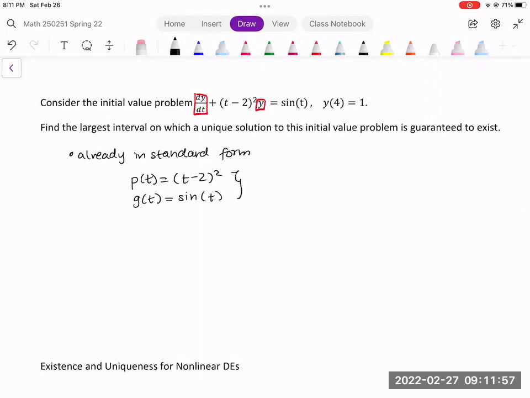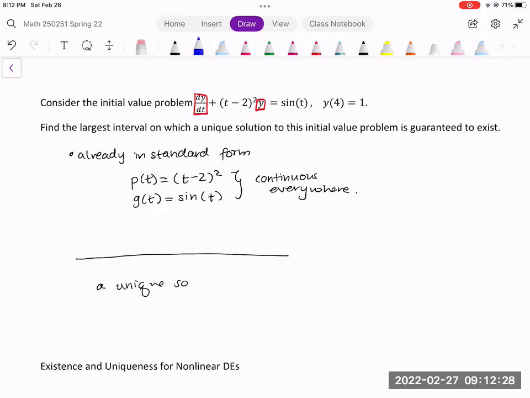And these functions are both continuous everywhere. What that means for us is that when we draw our number line and we put in the places where our functions are not continuous, we're not breaking up this number line at all. And so that means that a unique solution to the initial value problem.